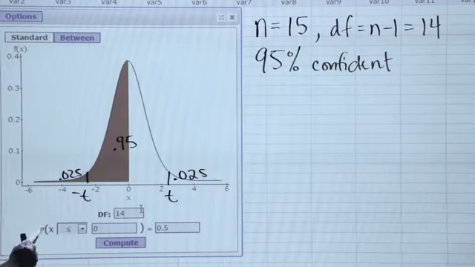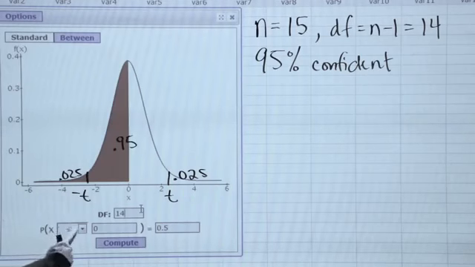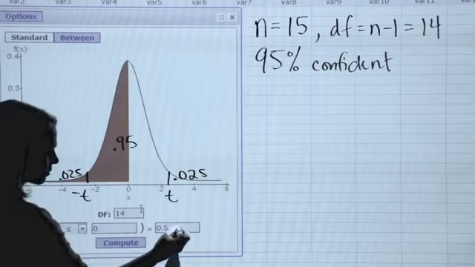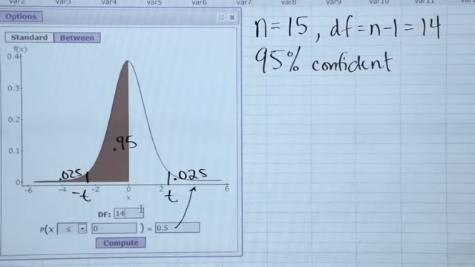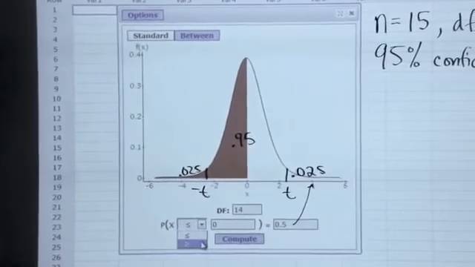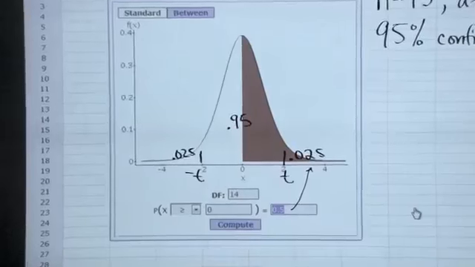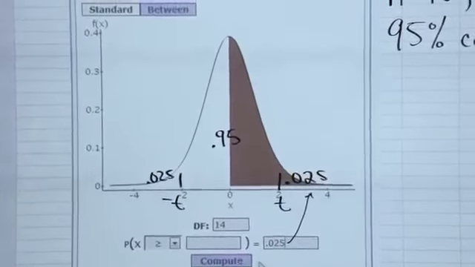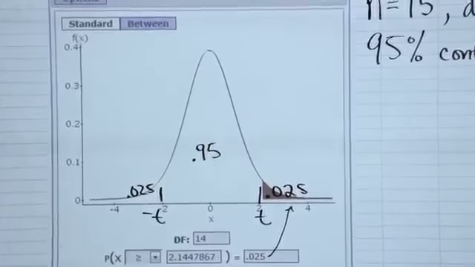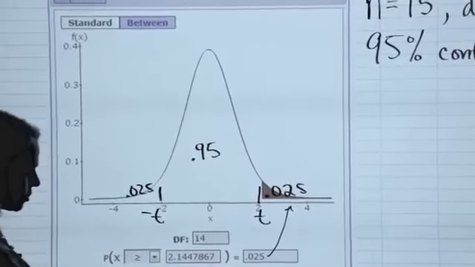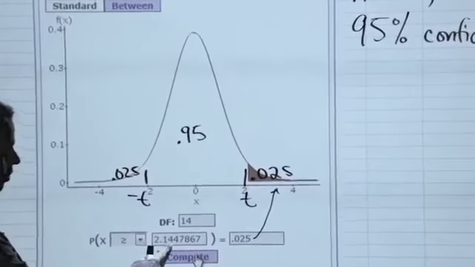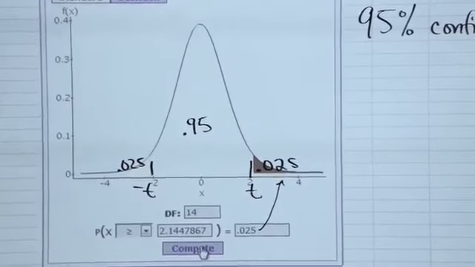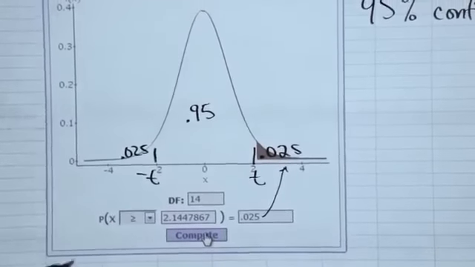So I want to find the probability that t is greater than or equal to what number when the area in that right tail is 0.025. When I hit compute, it tells me that corresponds to a t-score of about 2.145. We'll traditionally round t-scores to 3 decimal places.